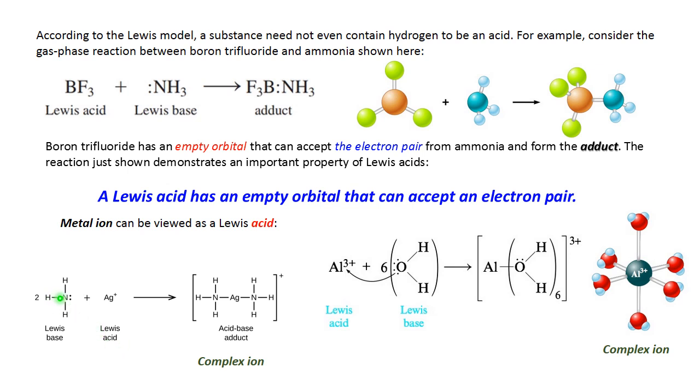Another example: ammonia, again, has a lone pair and can interact with silver ion, which serves as a Lewis acid, to make a complex ion, 2 ammonias with silver in the middle, and it's a relatively stable compound.